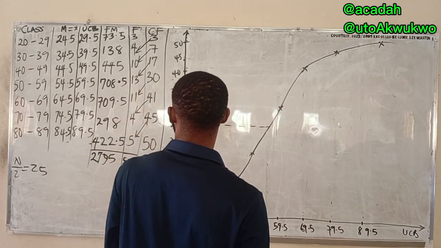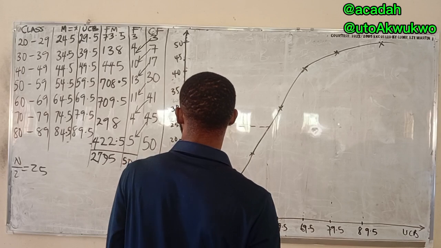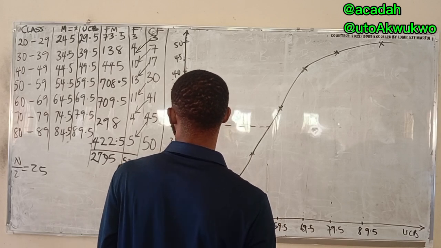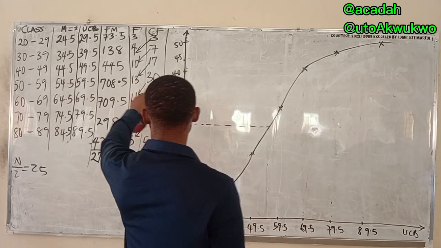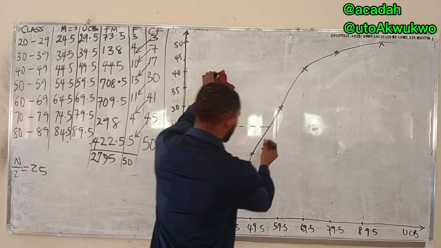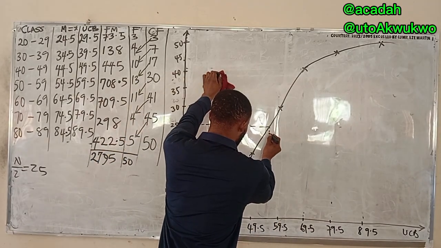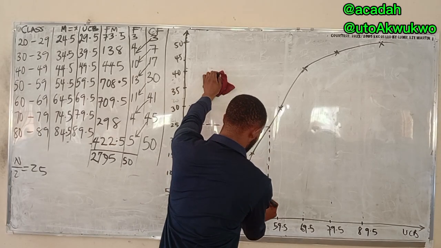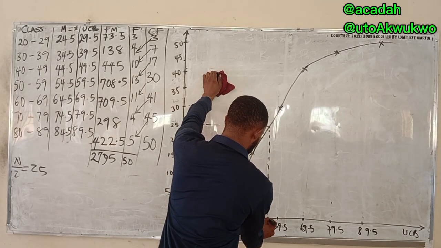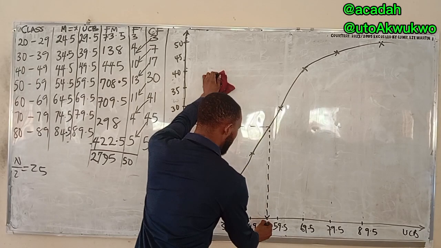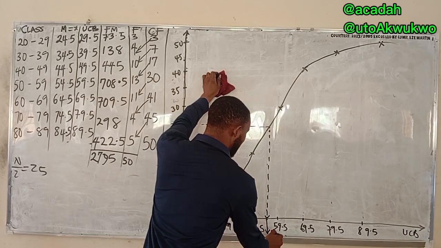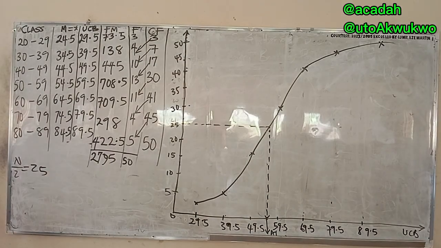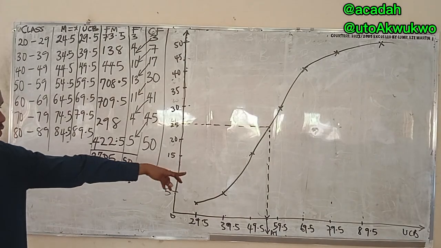It helps you find out the class that your value is in. You can't find it from the table. At this point, anything on your graph that you read off here is your median.